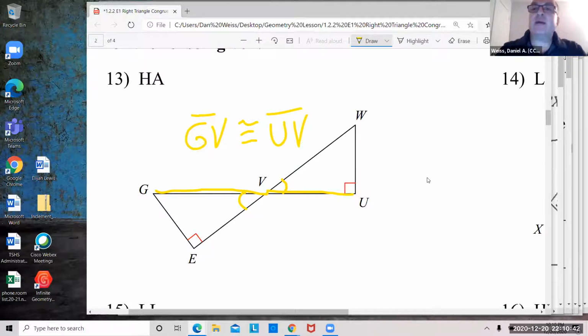I take that back. That's wrong. GV would have to be equal to WV. Because WV is the hypotenuse here, across from the right angle, and GV is across from the right angle. So GV congruent to WV would make hypotenuse angle.